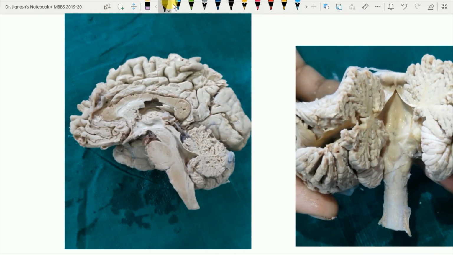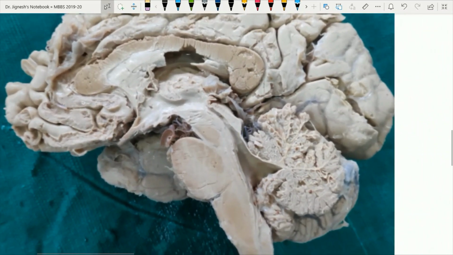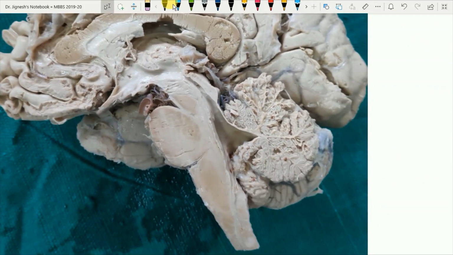Here in this figure we can see the mid-sagittal section of the brain along with the brainstem, and here this is the medulla oblongata, this one is the pons, and this one is the midbrain.